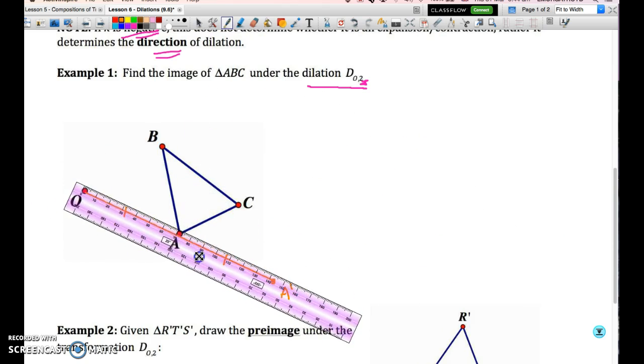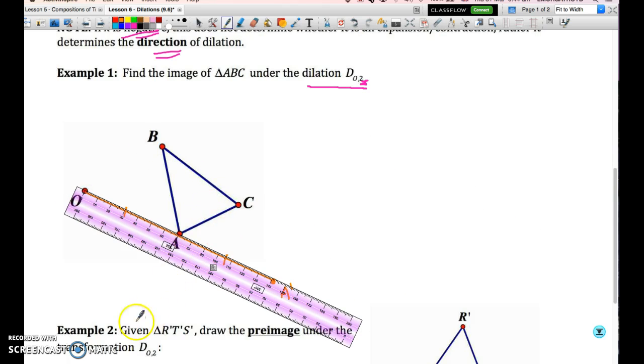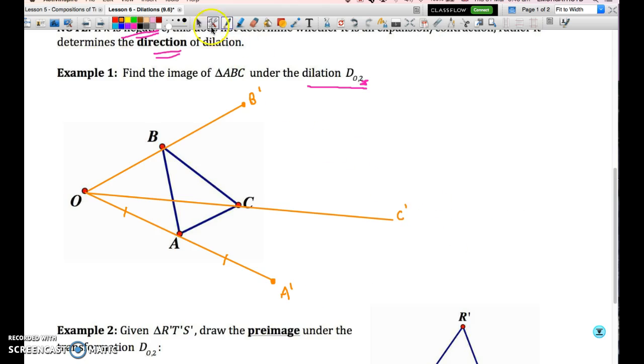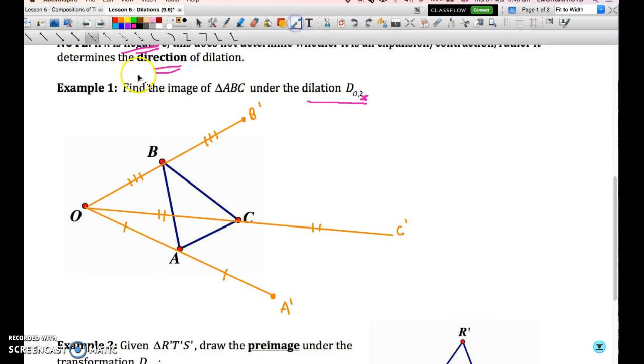I'm going to repeat that process for points C and B. Okay, and so what you can see now is I've repeated the same process for point C, measuring the distance from O to C, and then using the same length from C to C prime. Same process for point B, and then the final step would be to join the images, and I'm going to use the line tool over here.